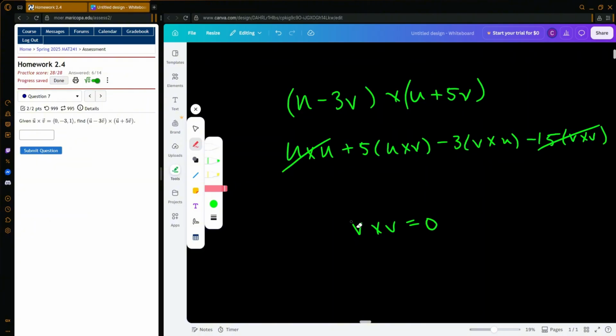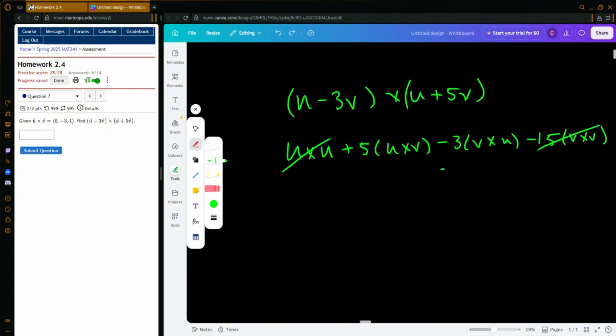And then we're going to use another property. These terms can't combine because these are backwards, but we can make them the same by doing u cross v is the same as negative v cross u. So what we can do is flip them, but we have to put a negative sign in the front. Actually, what we want to get to is u cross v, because that's what we're given at the beginning.